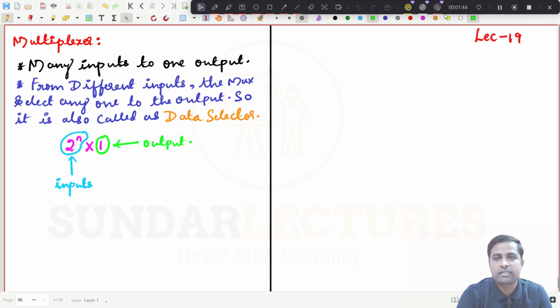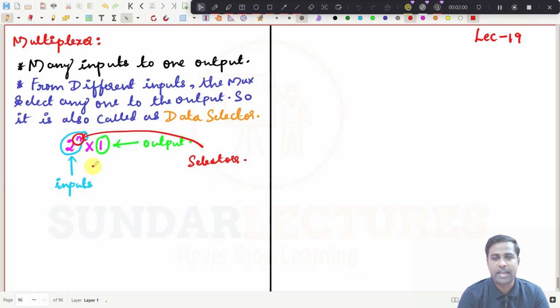And what is this n? This n we generally call the selectors. So 2 power n inputs will be there and one output will be there, and this n will give you the number of selectors. That is what we will see.